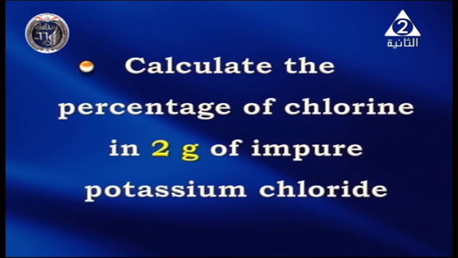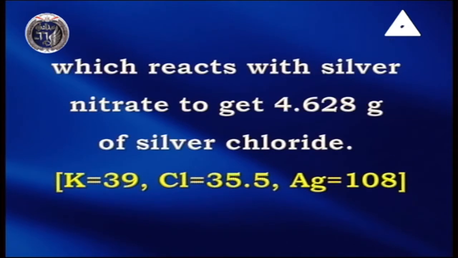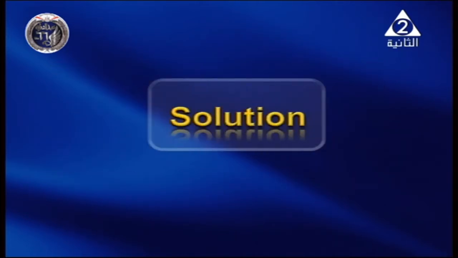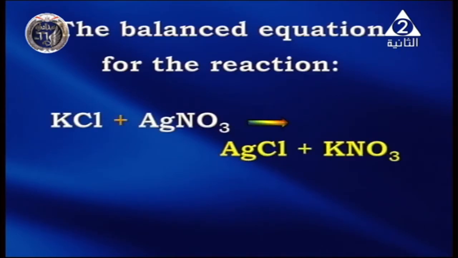Calculate the percentage of chlorine in 2 gram of impure potassium chloride, which reacts with silver nitrate to get 4.628 gram of silver chloride, where the atomic mass of potassium equals 39, chlorine equals 35.5, and silver equals 108. Here the solution is the balanced equation of the reaction.